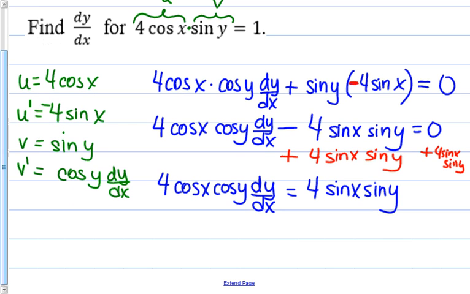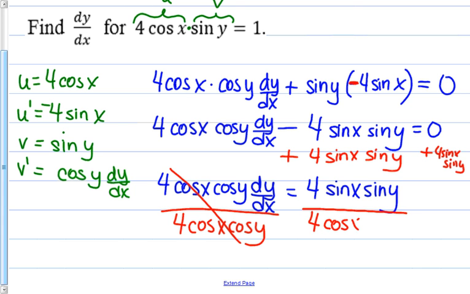I need the dy/dx to be by itself, so I'm going to divide this side by 4 cosine x cosine y. And those are going to cancel out, but then I got to do it to the other side too. 4 cosine x cosine y.